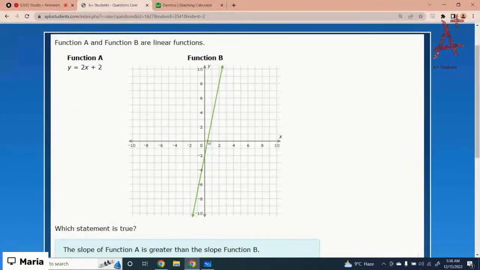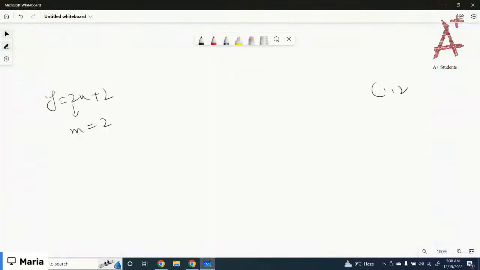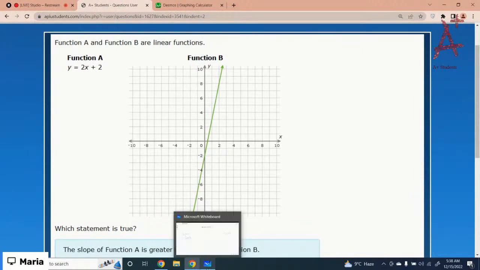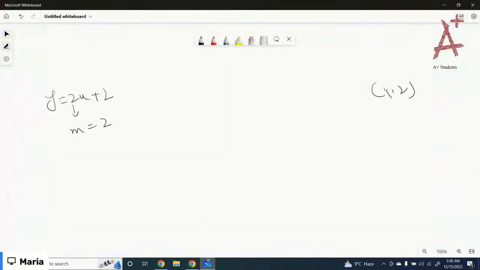They are x is 1, y is 2, so 1, 2. And the other point on the graph is x is 2, y is 8, so 2, 8. Just find the slope. I think function B has a greater slope.